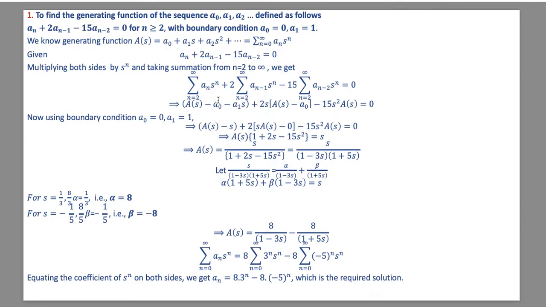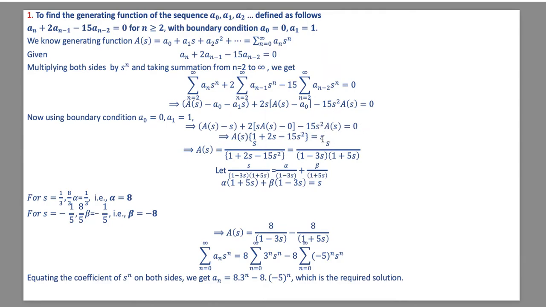Substitute a naught equal to 0, a1 equal to 1. We get As minus s, because this is 0, this is 1. Here minus 2s As minus 0, minus 15 s square As equal to 0.